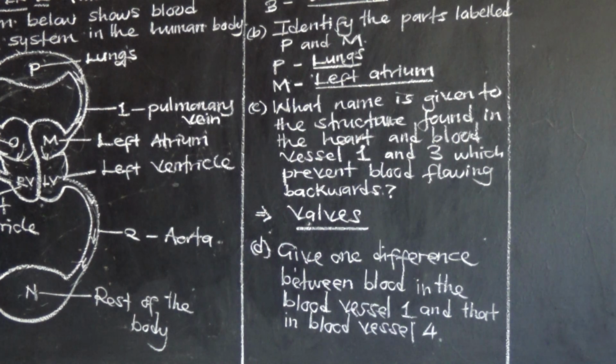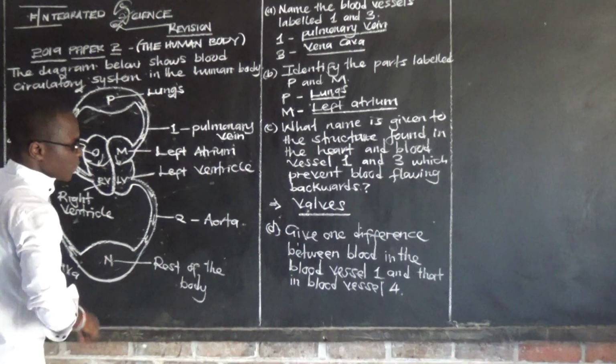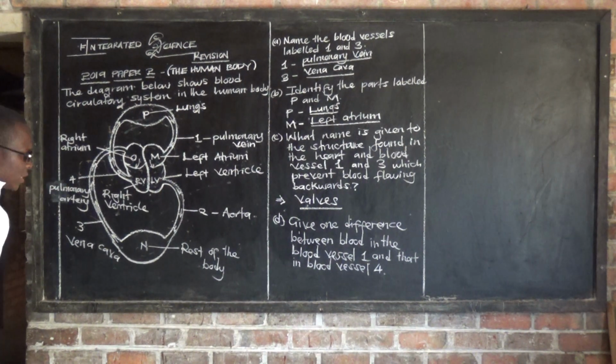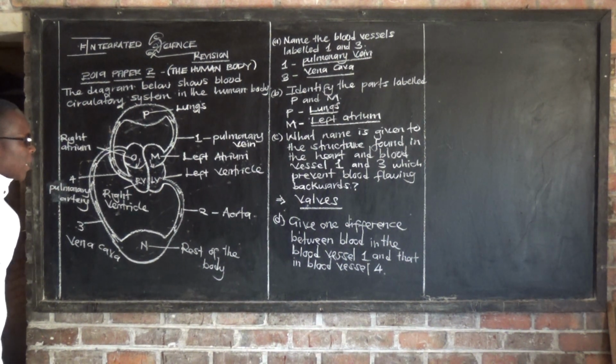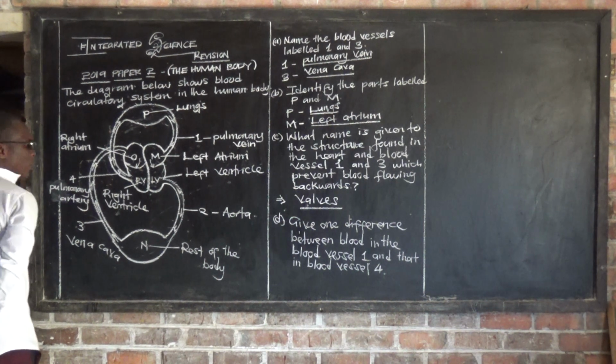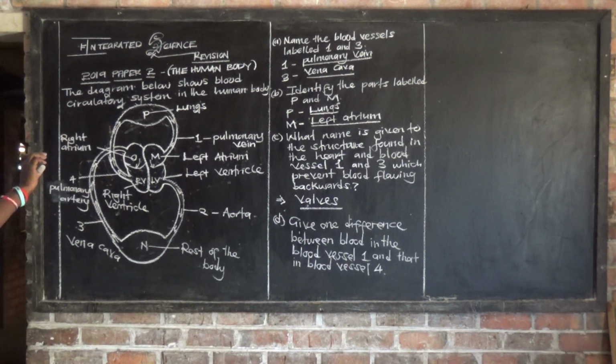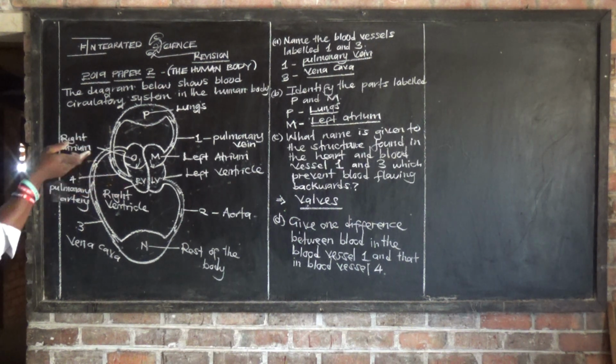So let's proceed. Question D. It's saying give one difference between blood in the blood vessel 1 and blood in the blood vessel 4. So they want one difference in blood found in blood vessel 1 and blood vessel 4.